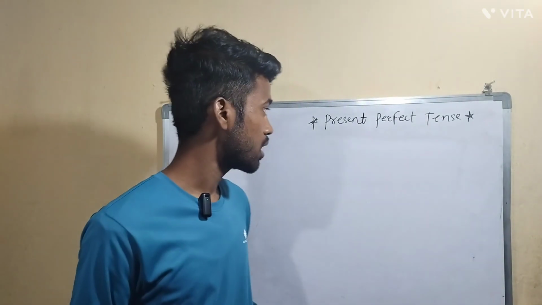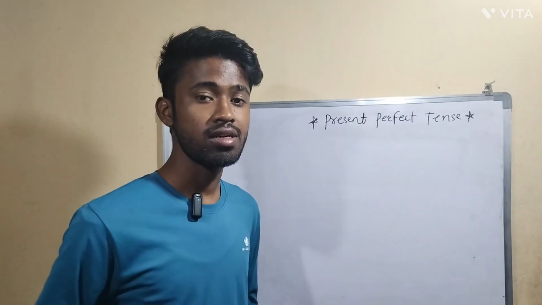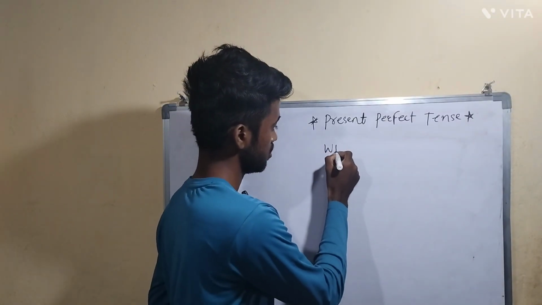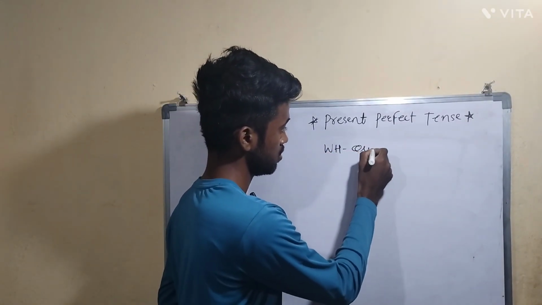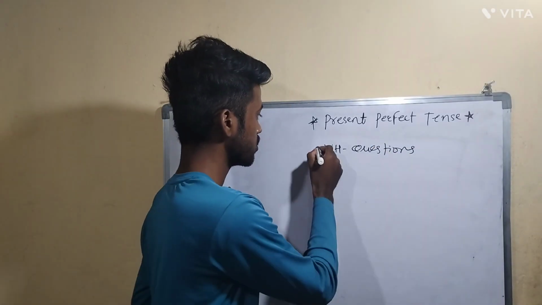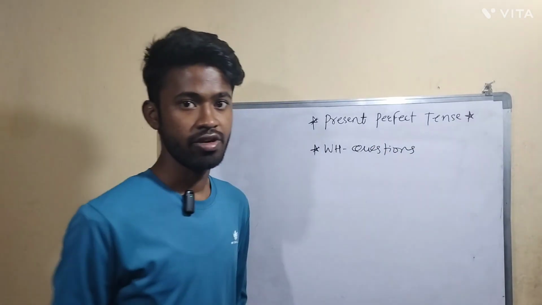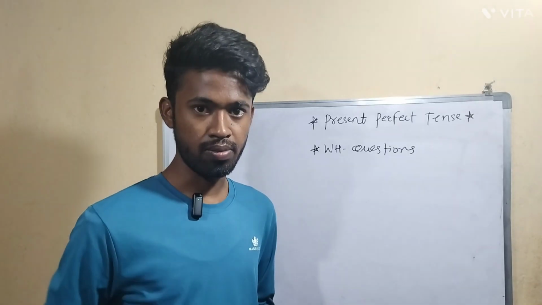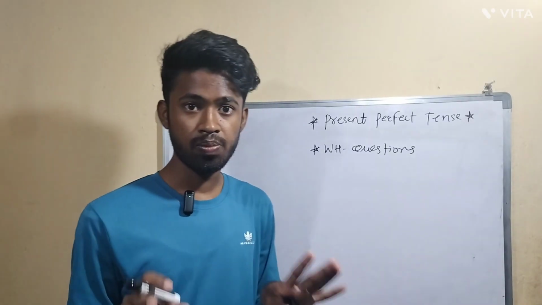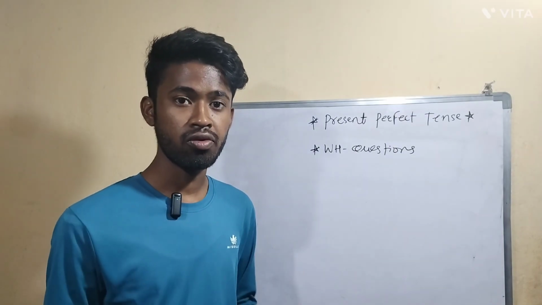Now let's discuss the last sentence structure, that is WH questions. So what is the WH question structure? First you have to just write in your notebook, and later you have to see the structure here. Now you have to pause the video and write on your own.